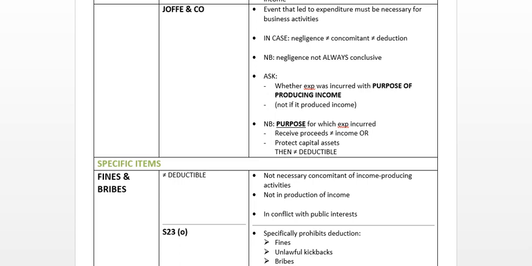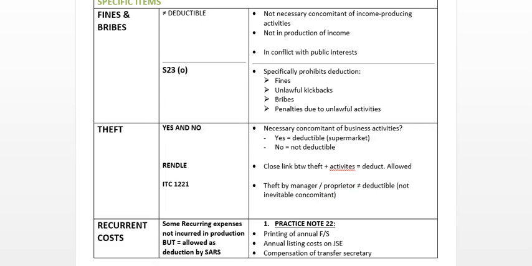So you need to ask yourself whether expenditure was incurred with the purpose of producing income. If not, then it's not income, or it is to protect capital assets. So the specific items: fines and bribes, theft, and recurrent costs.